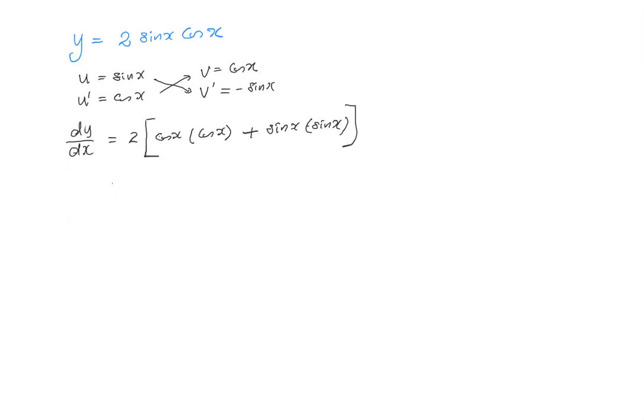So I got 2 cos square x minus sin square x. Okay, you use product rule.